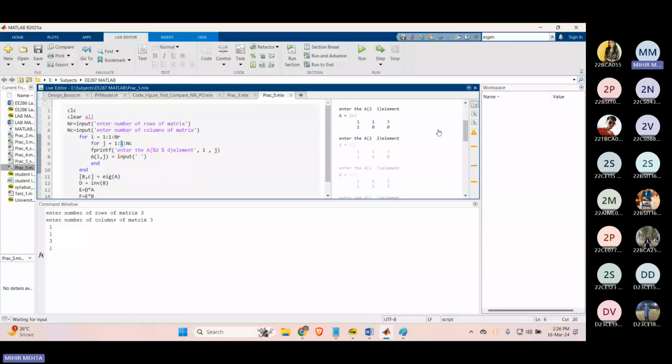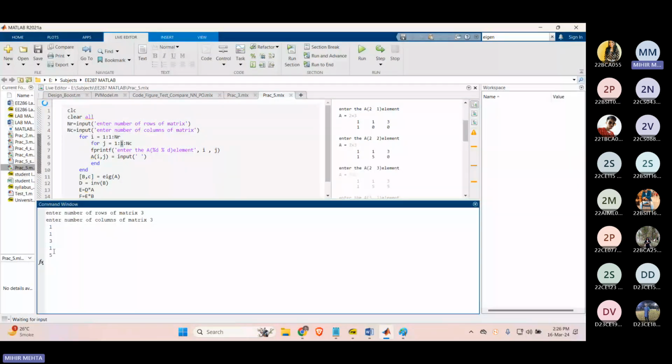Again, your second row was 155, so I need to enter 5 here. So here you can see my 1 is there, my 5 has been entered. I have not entered any value here, but it would always place the entire row value, so that place is at 0 right now.